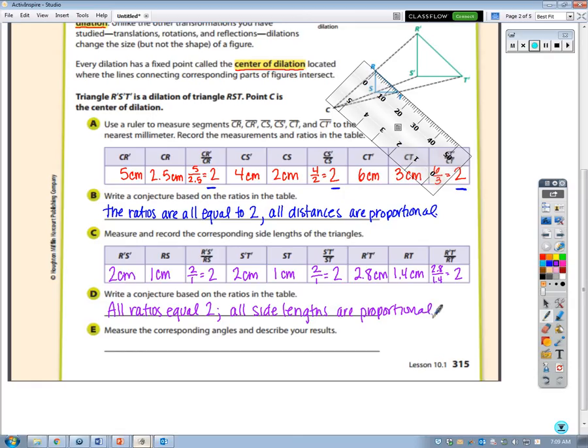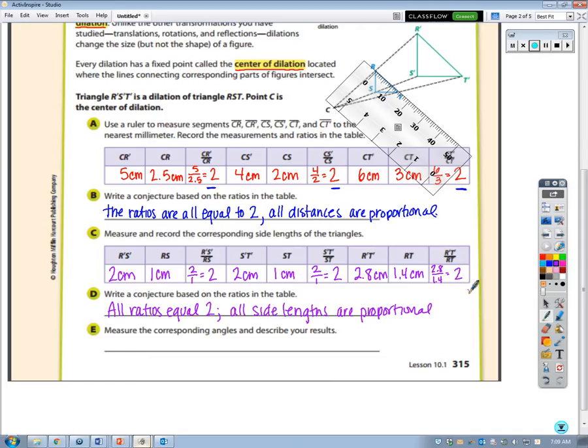So just to recap here, when we measured our distance from the center of dilation to our corresponding points, we had distances that were proportional. And then when we measured our side lengths, we had side lengths that were proportional, ratios. Okay, so measure the corresponding angles and describe your results.